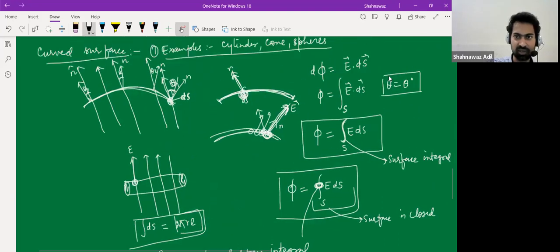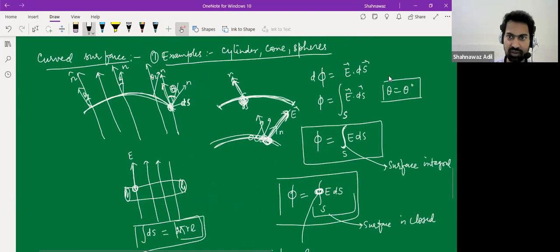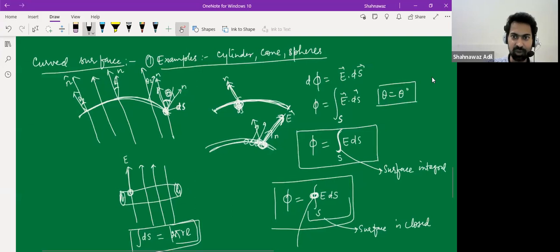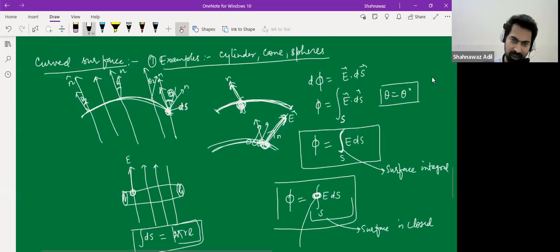Please note this down, and then I will talk about Gauss law. Just remember that the open cylinder would be an open surface, and the sphere would be a closed surface.